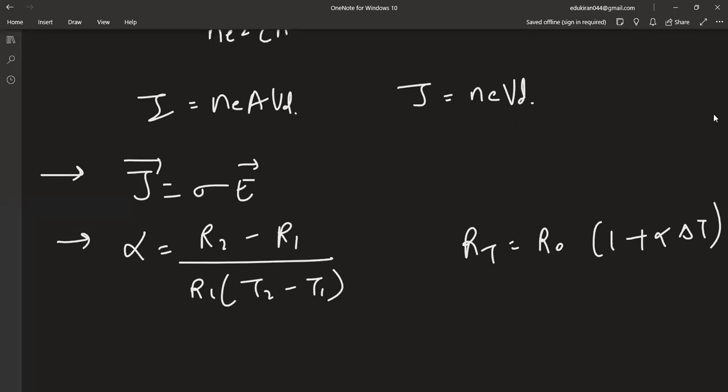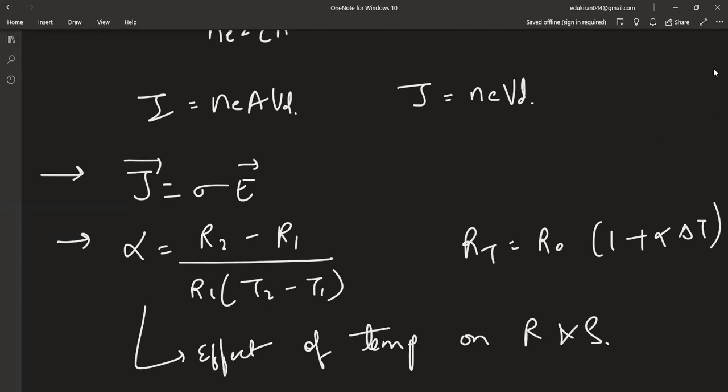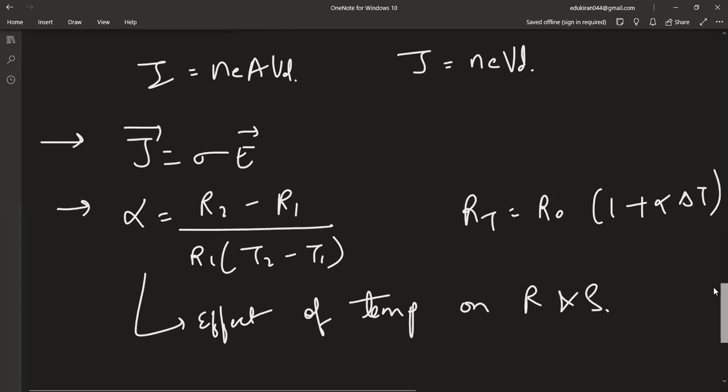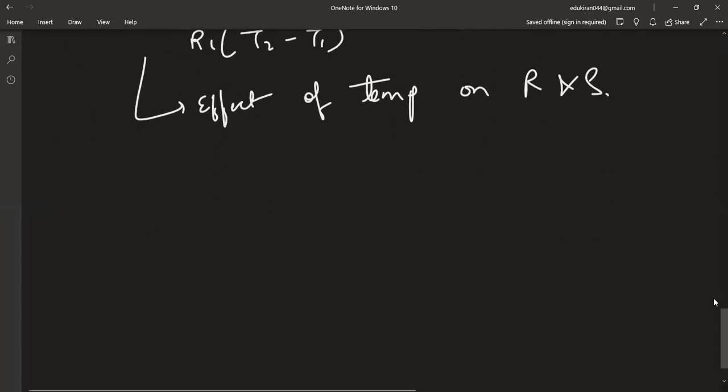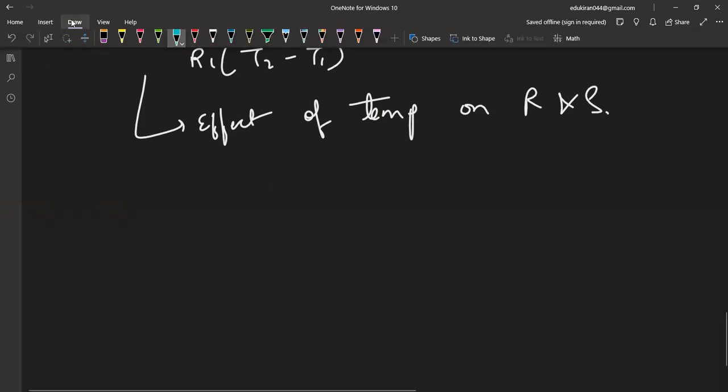And what is the effect of temperature on resistance and resistivity? This is also very important for your board exams. The graphs can be asked, separate formulas can be asked, values can be given to you, and then the interpretation of these values can be asked. You should remember three things in this.